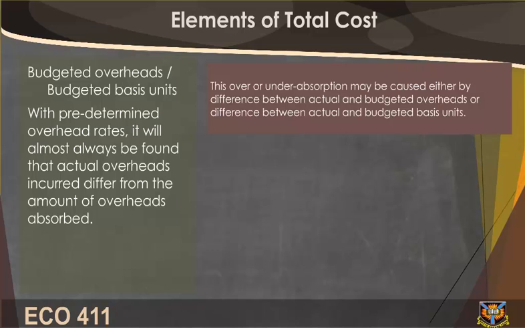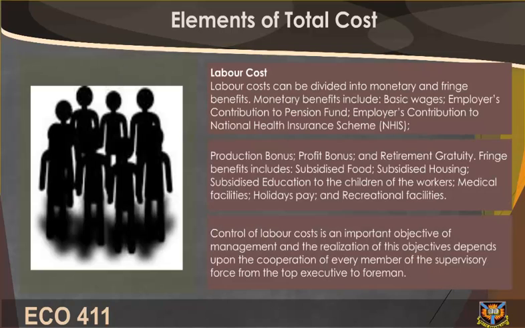With predetermined overhead rates, it will almost always be found that actual overheads incurred differ from the amount of overheads absorbed. This over or under absorption may be caused either by differences between actual and budgeted overheads or differences between actual and budgeted basis units.